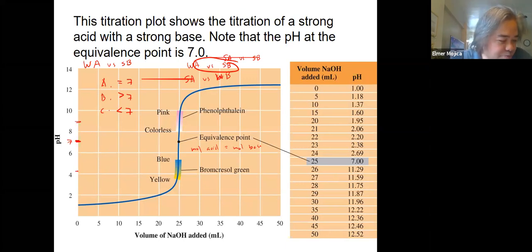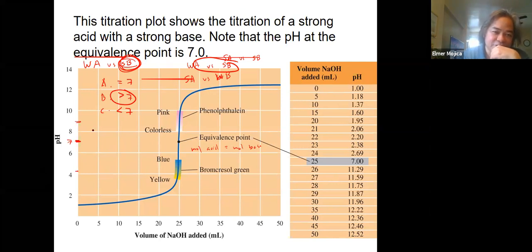You have a KHP, which is a weak acid reacting with NaOH. So what is the equivalence point? Will it be 7, above 7, or below 7? Okay, so if you're going to look at your data, usually it's above 7 because you have a base there that is much stronger than the weak acid that you have.